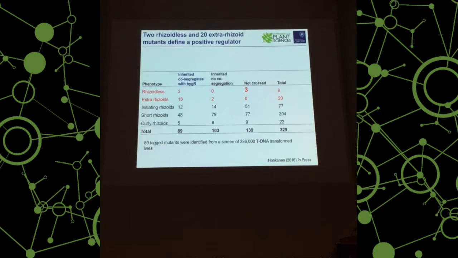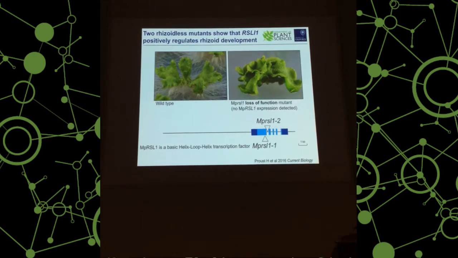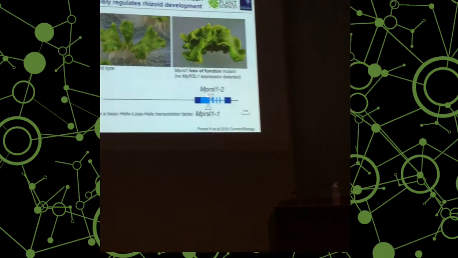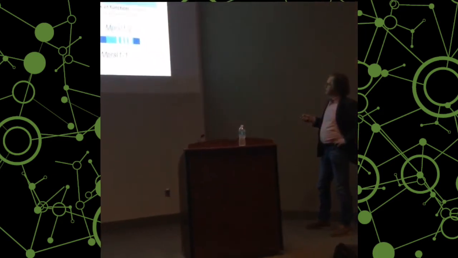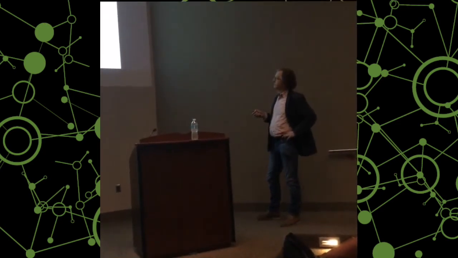The first mutants that we identified look like this; I've shown you this one before. The main difference is that there are no rhizoids here. When we sequenced the insertions, we found that the T-DNAs had inserted into an RSL gene. This is a basic helix-loop-helix transcription factor.